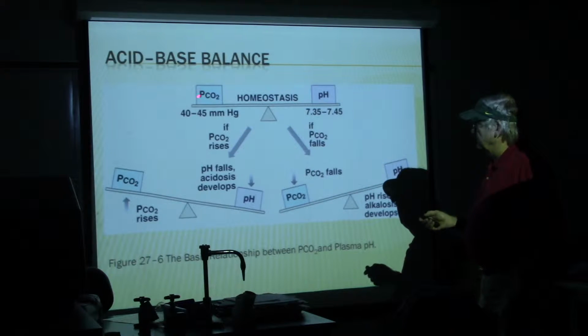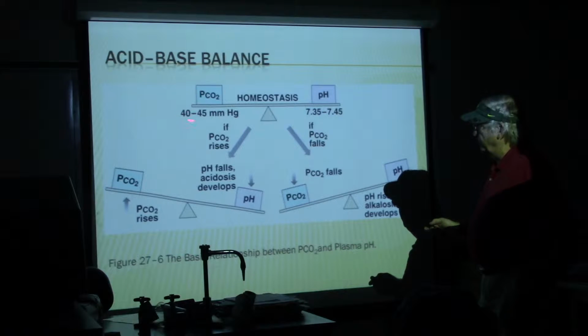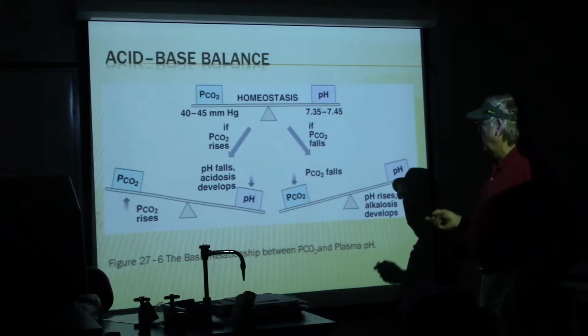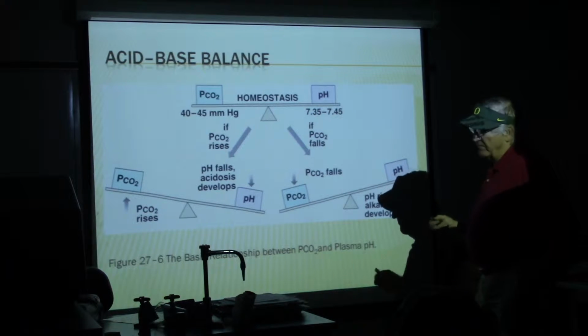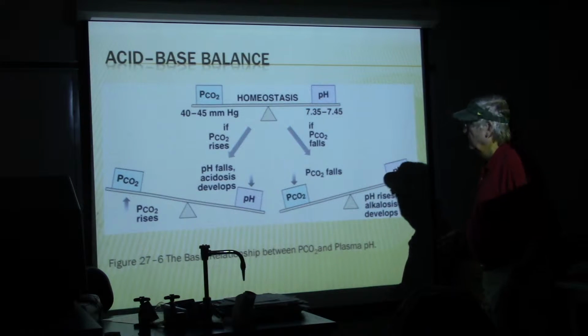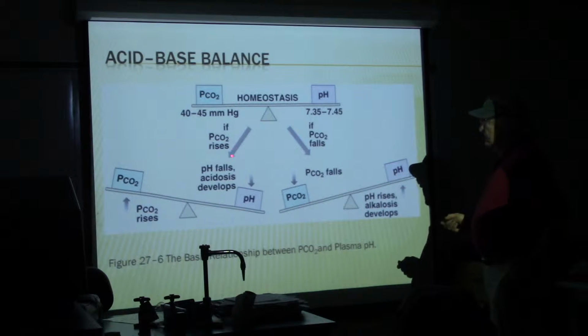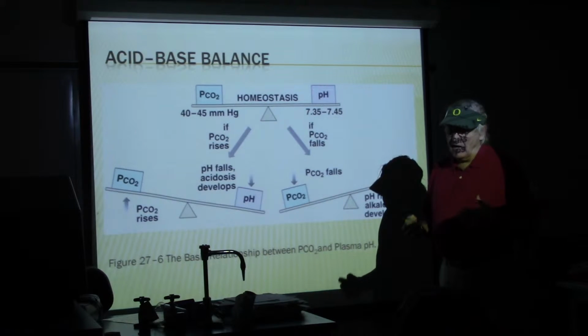So think about this. At homeostasis, PCO2 is between 40 and 45. I think we use the number 40 as normal. pH between 7.35 and 7.45, you can just call it 7.40. That's a perfectly normal pH for blood. If the PCO2 rises, now what would make the PCO2 rise?